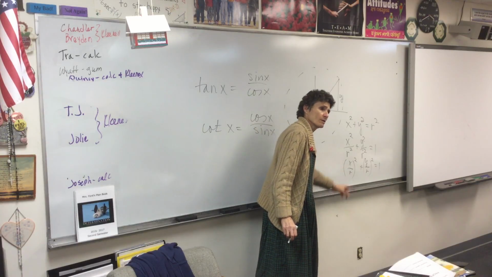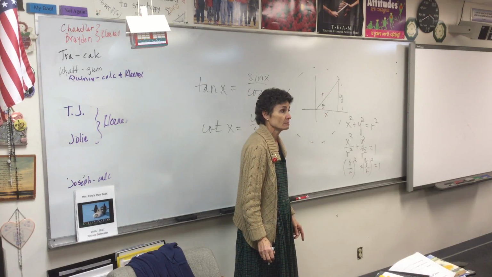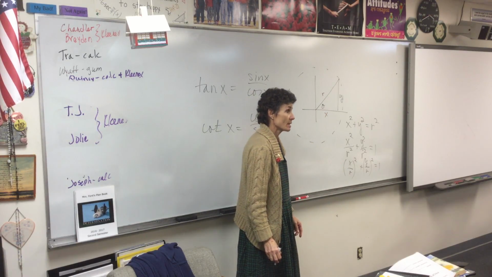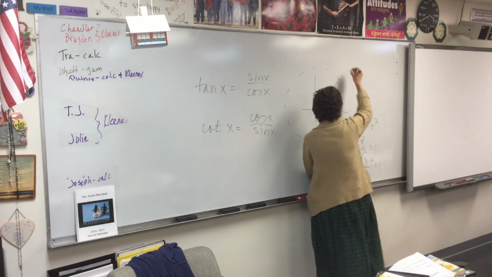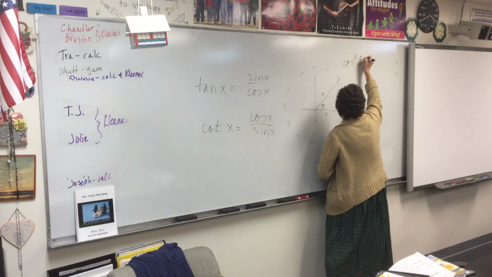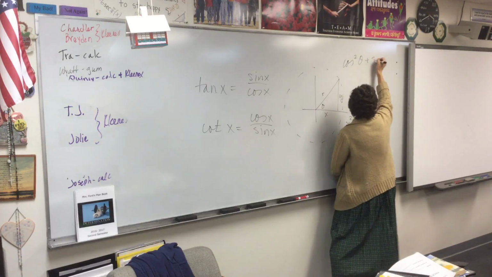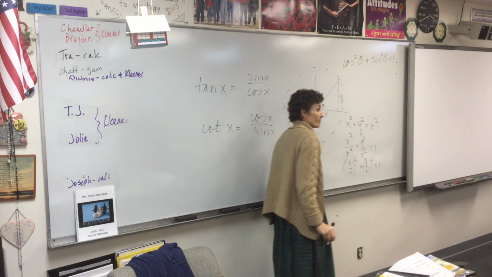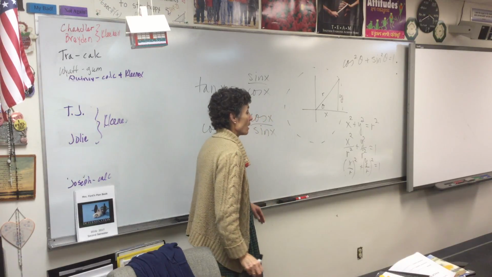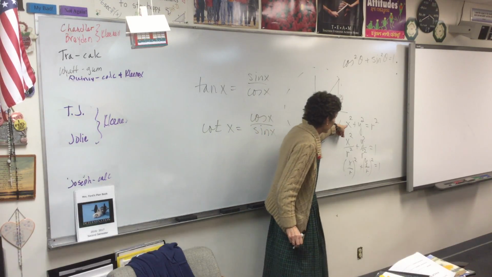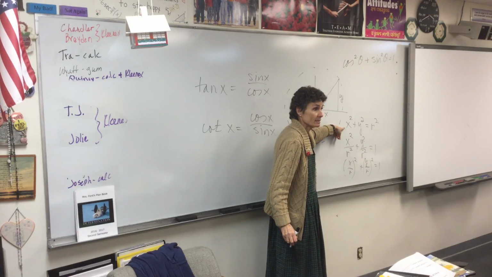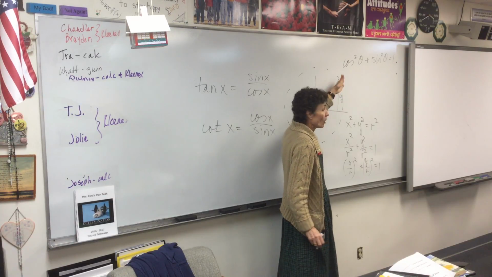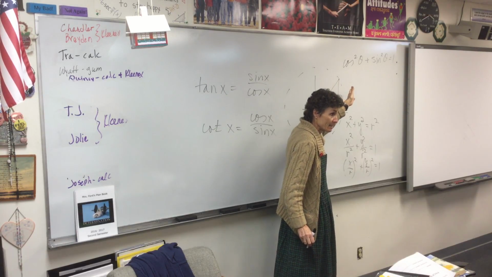What's X over R? That's cosine. So what this really says is cosine squared plus sine squared equals 1. Now, where did that come from? That came right from the Pythagorean theorem, hence it's called a Pythagorean identity.